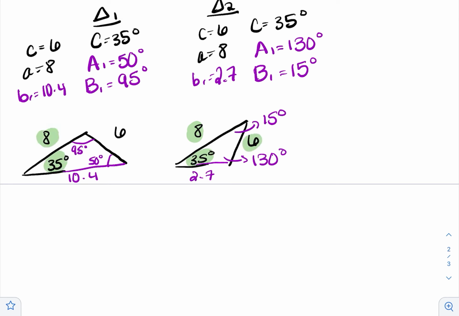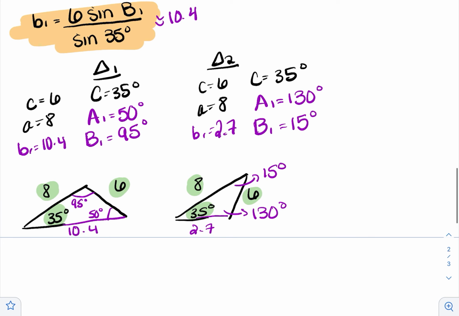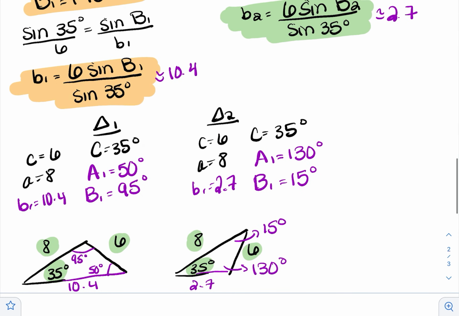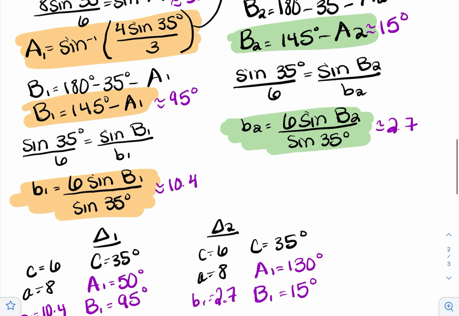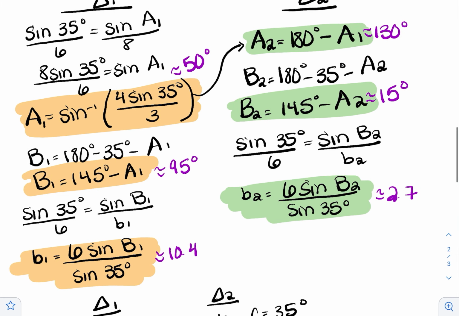It's just that the placement of where 6 is hitting the bottom of the triangle changes, and that changes all the other 3. So it is a lot to take in, and it is the hardest case to solve for. So it's completely normal if it's a little bit much right now. But again, the key is to first find the height, figure out how many triangles you have, and then start to solve.